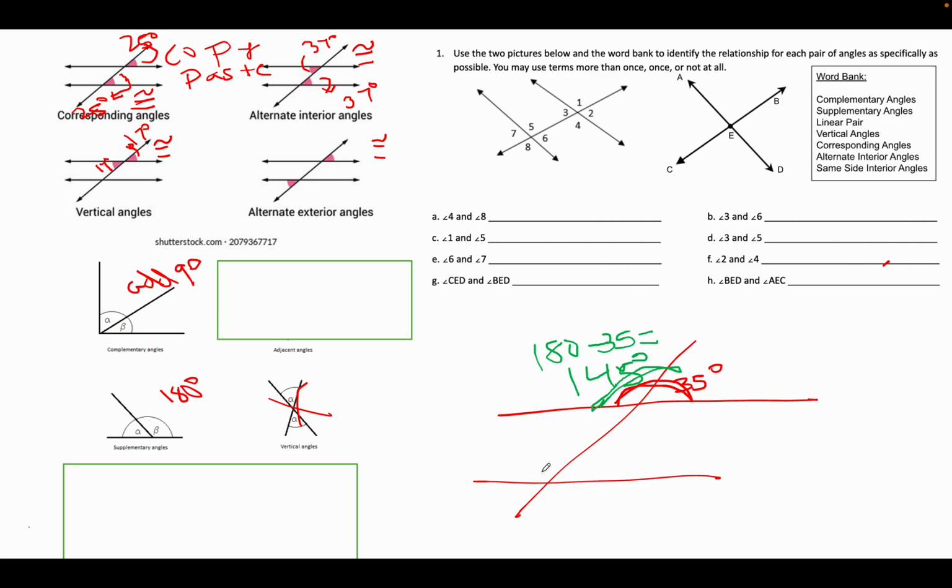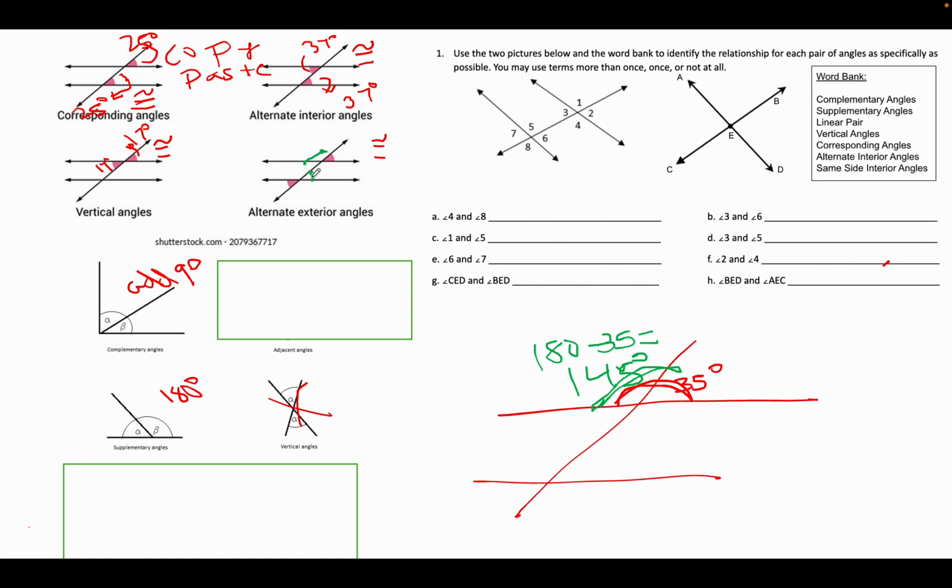So this angle and this angle would also add up to 180 degrees. You can tell a lot by looking at the picture. Obviously, this angle right here is much bigger than this green angle down here.